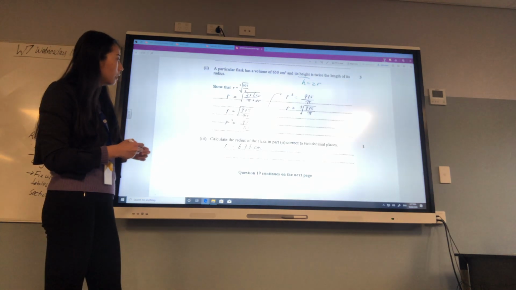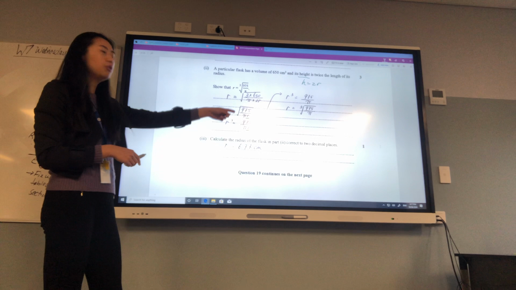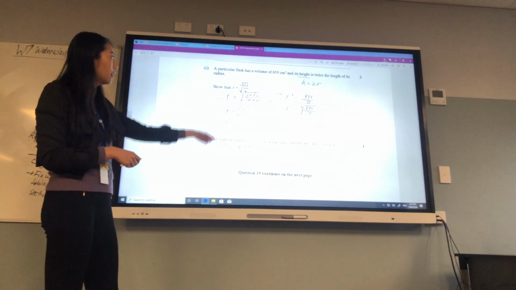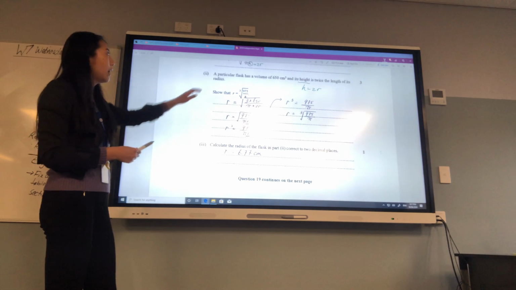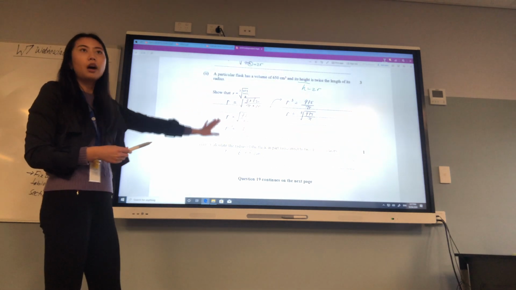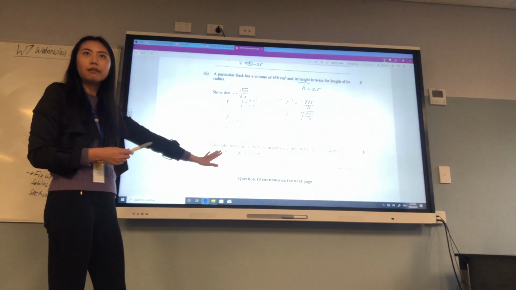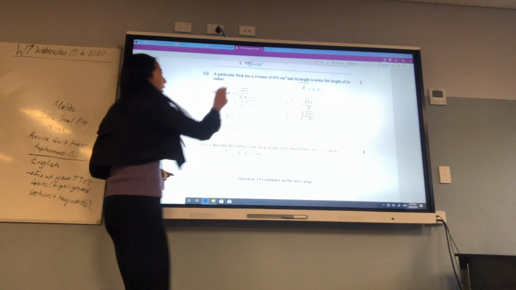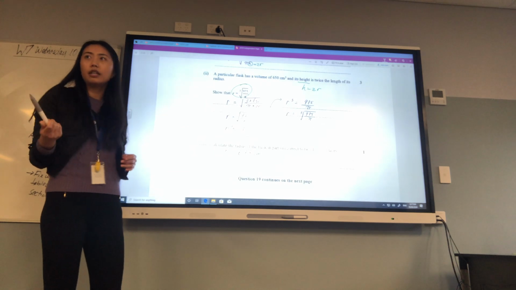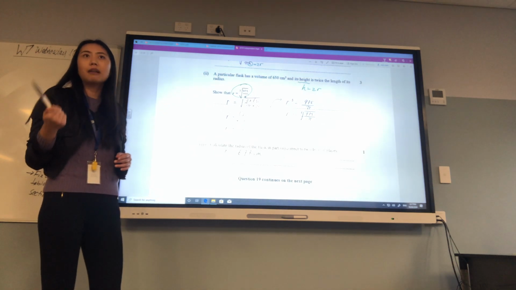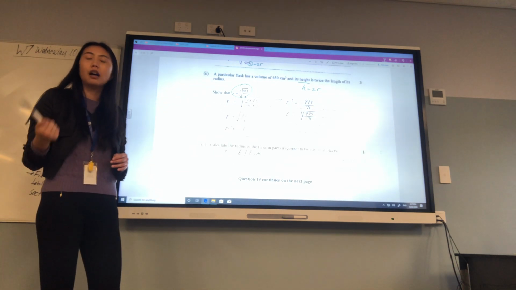And then the next one, calculate the radius. You just put it into a calculator, right? And if you're not able to do question 2, for example, are you able to do question 3? Yeah. You just put in whatever this conclusion is. It's already given to you by the question, into the calculator, and here's your 1 mark. In the exam, don't give up these marks.